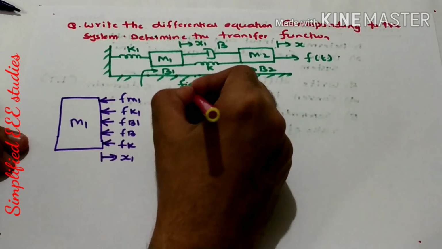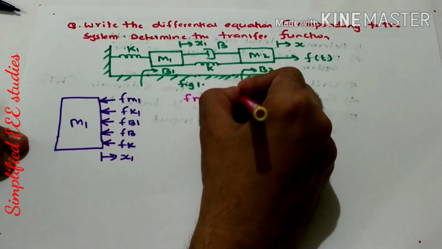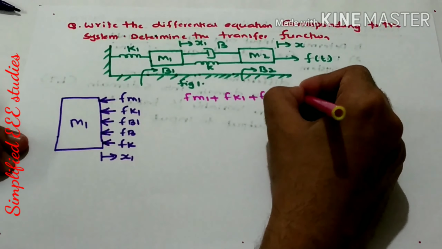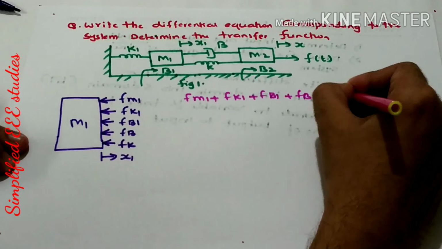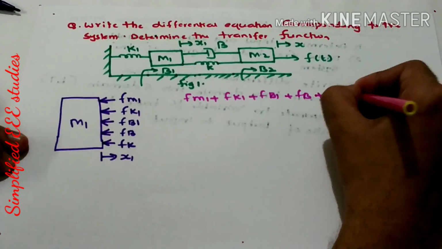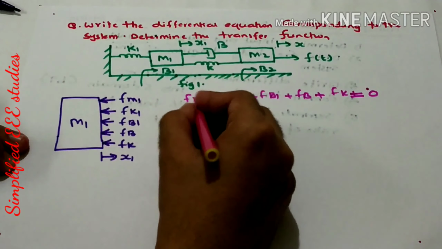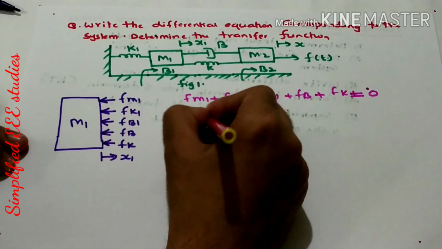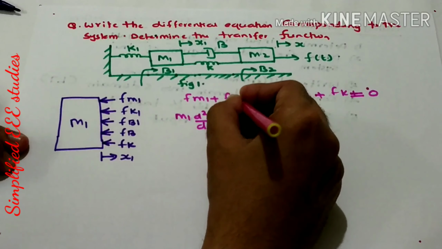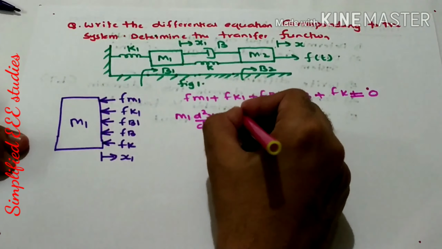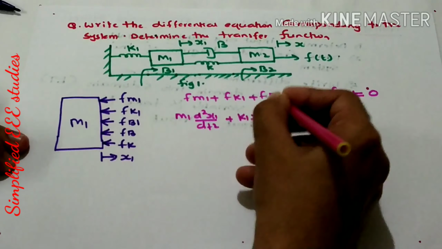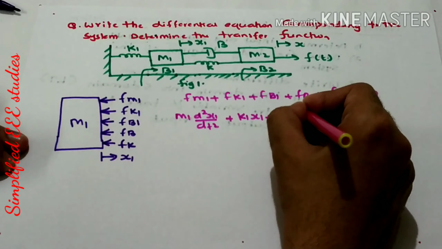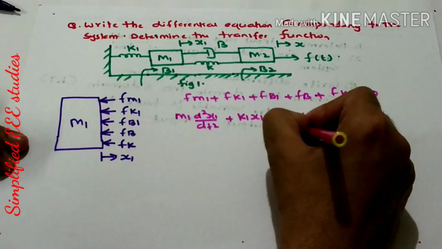That means Fm1 plus Fk1 plus Fb1 plus Fb plus Fk, equal to 0. Then Fm1 means m1 into d square x1 by dt square, plus Fk1, that means k1 into x1, plus Fb1, which means b1 into dx1 by dt.